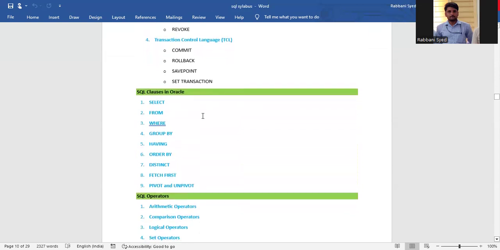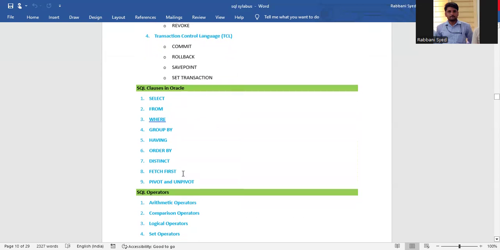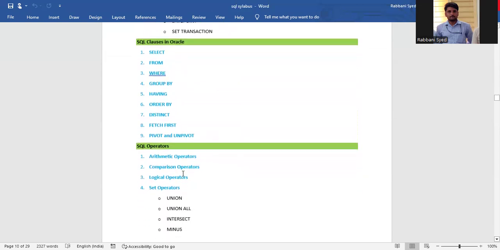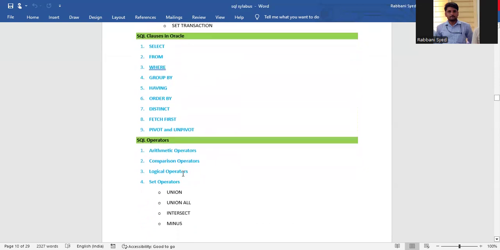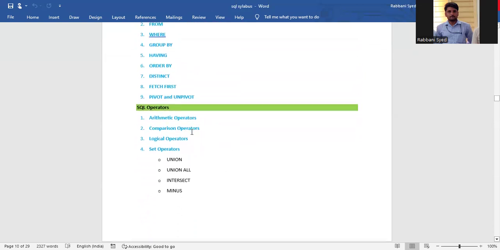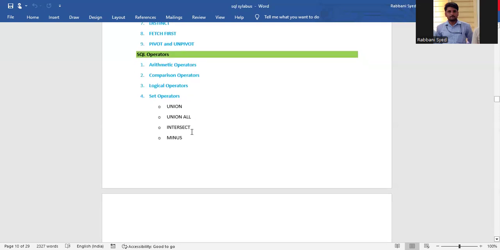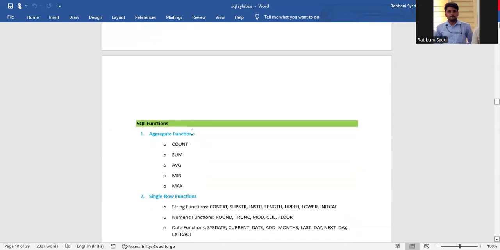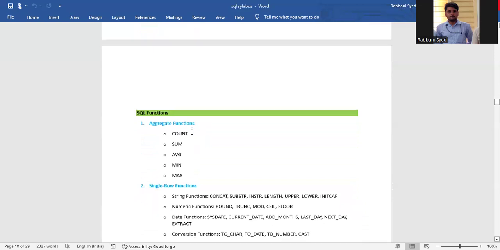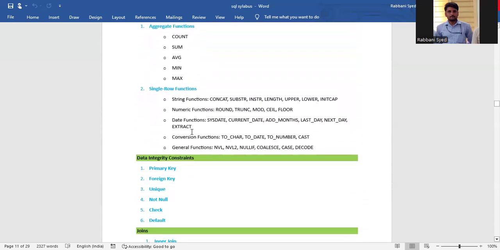Clauses. What are clauses? Select, from, where, group by, having, order by, distinct, fetch first, pivot and unpivot table. It's very important because MS Excel users use this one. SQL operators: arithmetic operators, comparison operators, logical operators, set operators. Then functions are also important: aggregate functions, single-row functions.